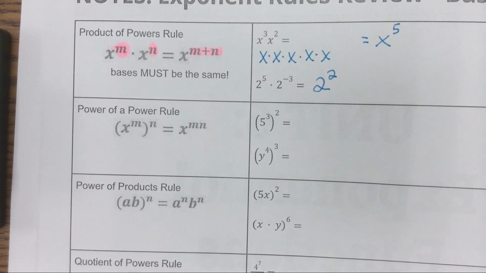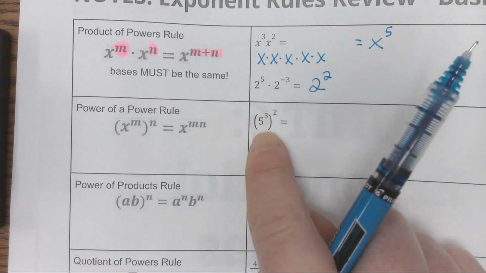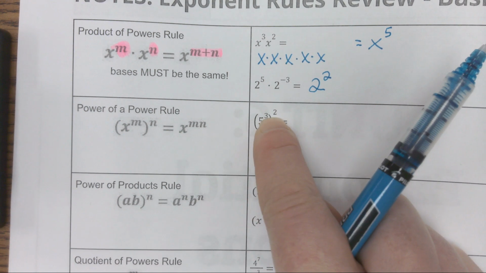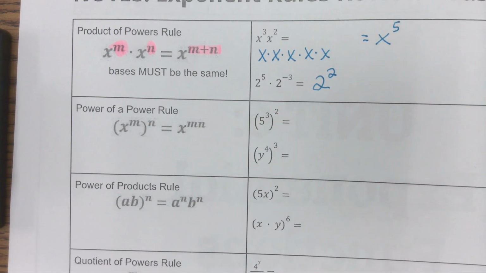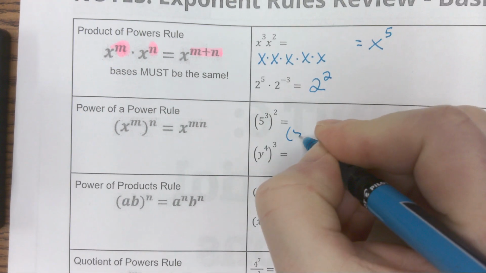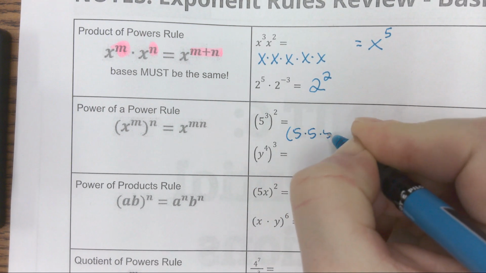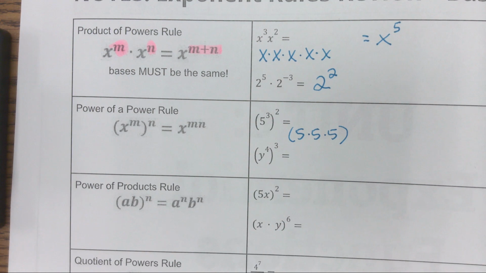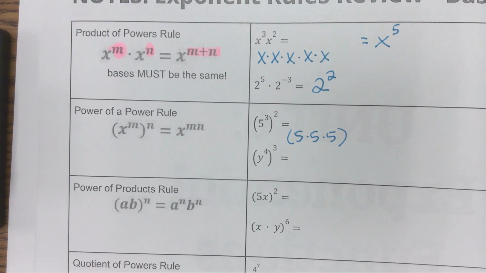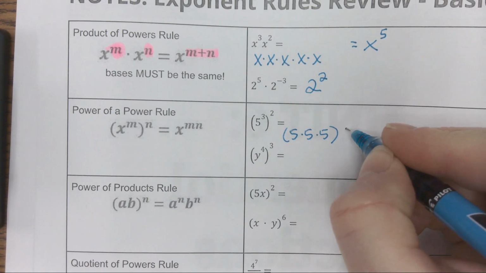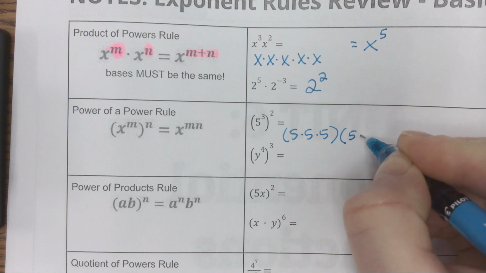Now let's talk about when you raise something that has an exponent to another exponent. So I'm going to show what this means. 5 cubed means 5 times 5 times 5, correct? And to square it means I'm going to multiply that by itself again.